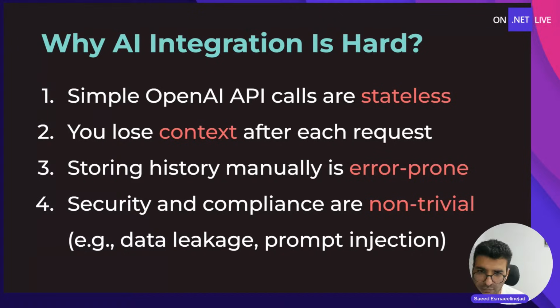They cannot remember anything. You lose context after each request. Basically, that's the reason that every time you're providing that chat history, you have to again provide all the context for the LLM to understand what the history of the messages, the conversation, was, and then provide a response for you.